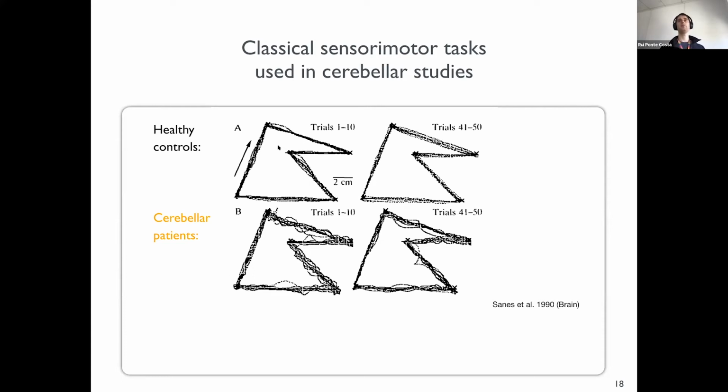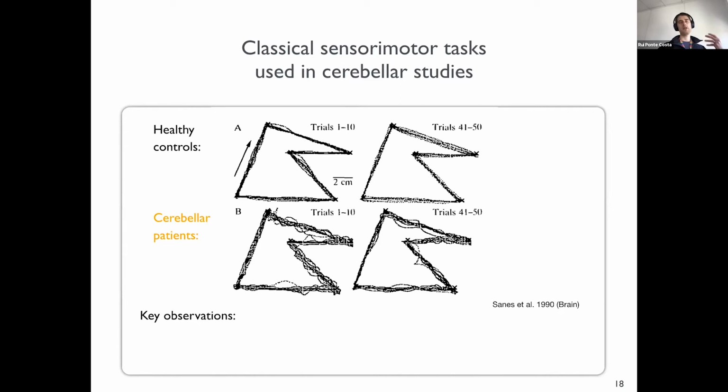Here I'm showing you an example from a study from the 90s where healthy controls were asked to draw lines between specific points: from here to here, to here, to here, to here, and back to the beginning. You can see that healthy controls do this relatively well. But when you look at cerebellar patients, they produce more variable lines, with more wiggles on them.